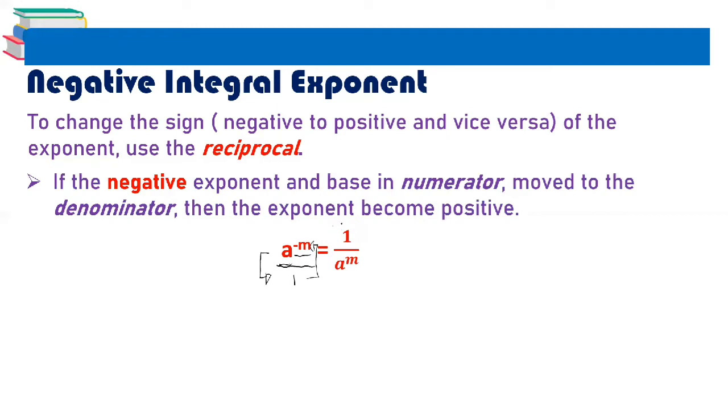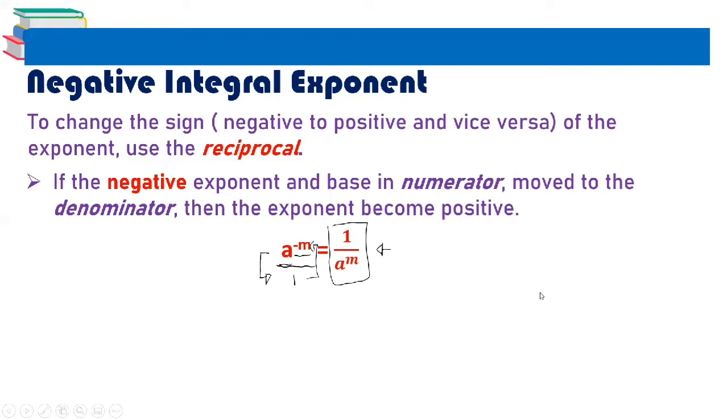Therefore, our answer here is 1 over a to the m power. Again, to change the sign of our exponent from negative, we reciprocal our given expression to make our negative exponent positive. Therefore, as you can see in our answer here, the exponent became positive.